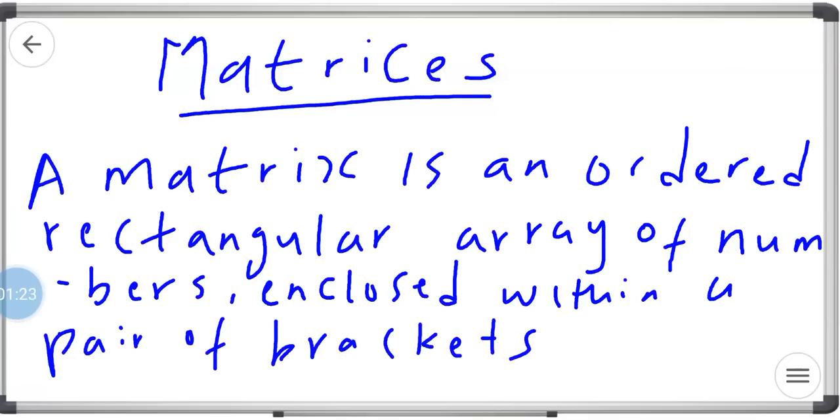So that's the definition of a matrix. We said a matrix is an ordered rectangular array of numbers enclosed within a pair of brackets.